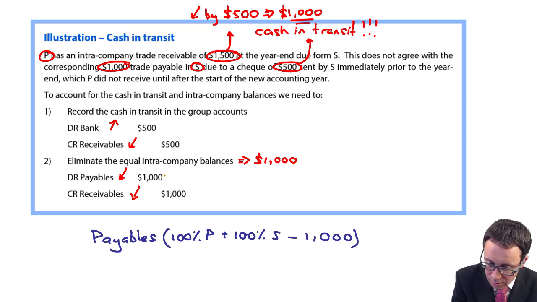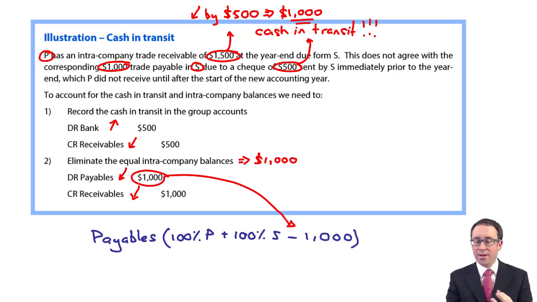That 1,000 being the 1,000 there. Okay, the debit to the payables, the reduction in payables, hence why we are deducting it.